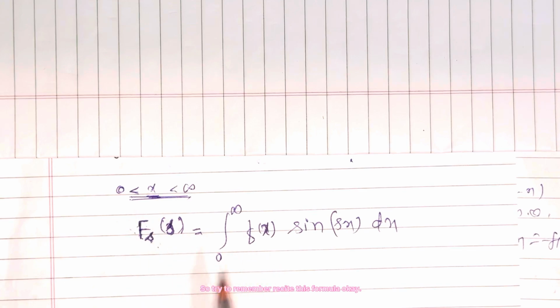Here f of x is the function whose transform we take. This is the formula for the Fourier sine transform: F sub s of S equals the integral from 0 to infinity of f of x sine sx dx. This formula is very important, guys. You will get questions based on it, so try to remember it. Solve more examples and you can easily remember it for longer.